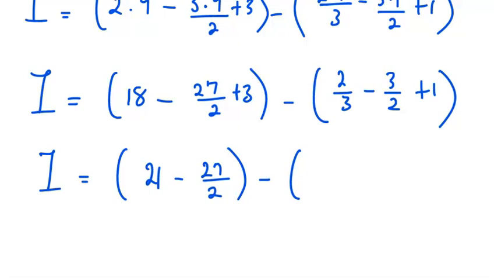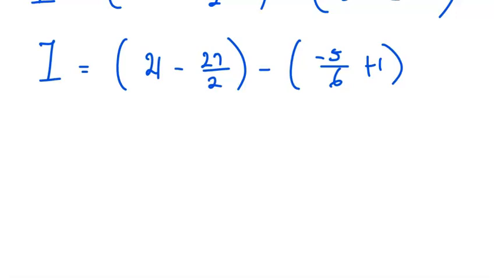We know 2 times 2 is 4, 4 minus 9, so negative 5 over 6, and then plus 1. So from here, 21 minus 27 over 2 is giving us 15 over 2, and then minus negative 5 over 6 plus 1, which is giving us 1 over 6.